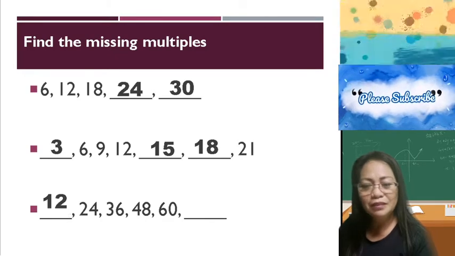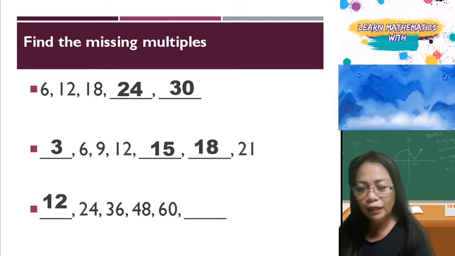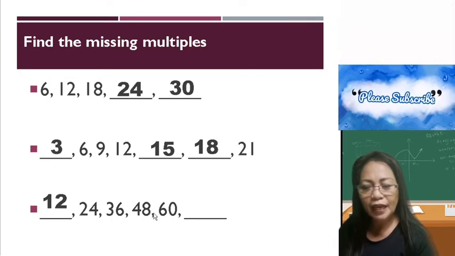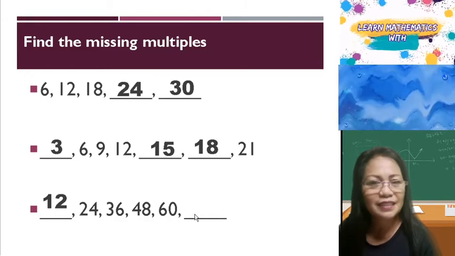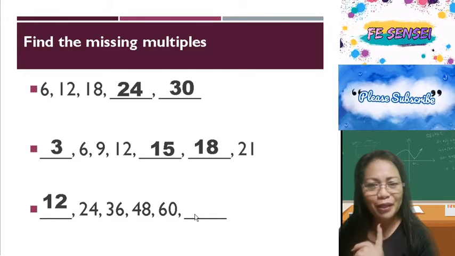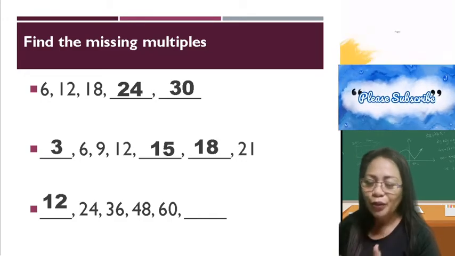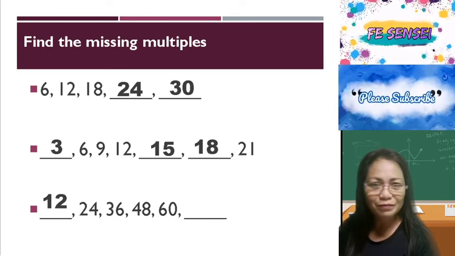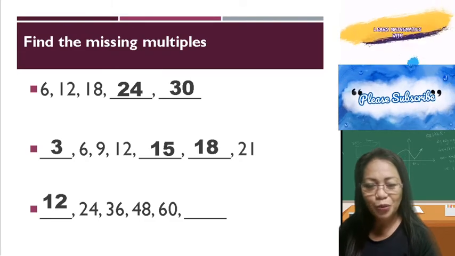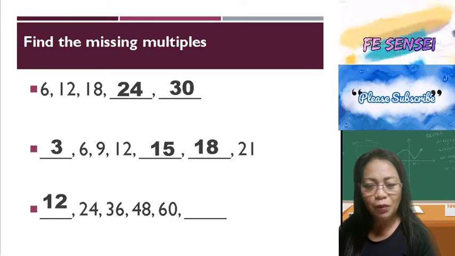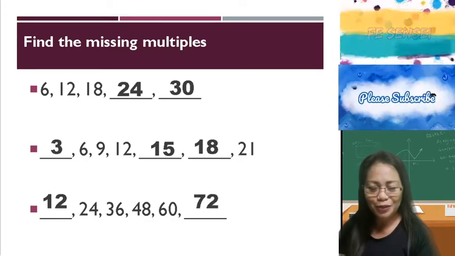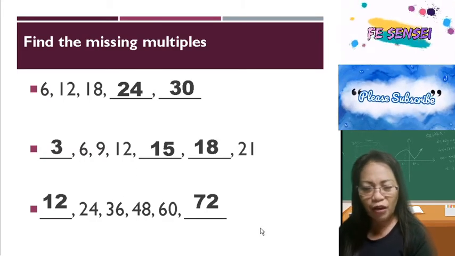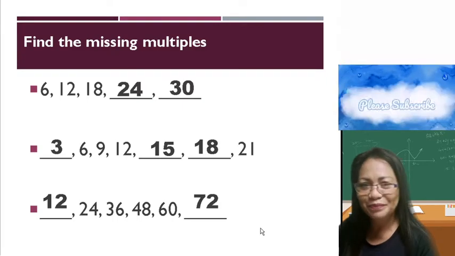So 12, 24, 36, 48, 60. And what is the last number? Remember, you're going to add 12 to the last number. So 60 plus 12 equals 72. So these numbers here are multiples of 12.